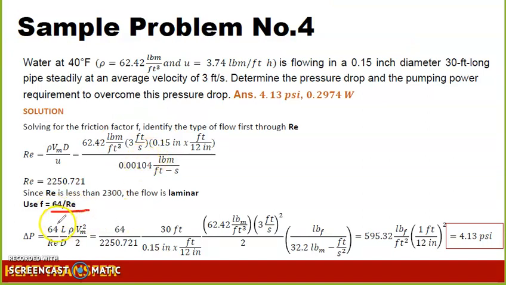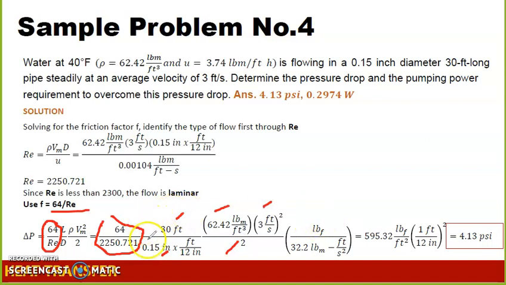Substituting to our original equation in terms of Reynolds number, F now will become 64 over RE. Substituting 64 over RE, and then the other values that are already given. Take note that our value should be in terms of pound force.